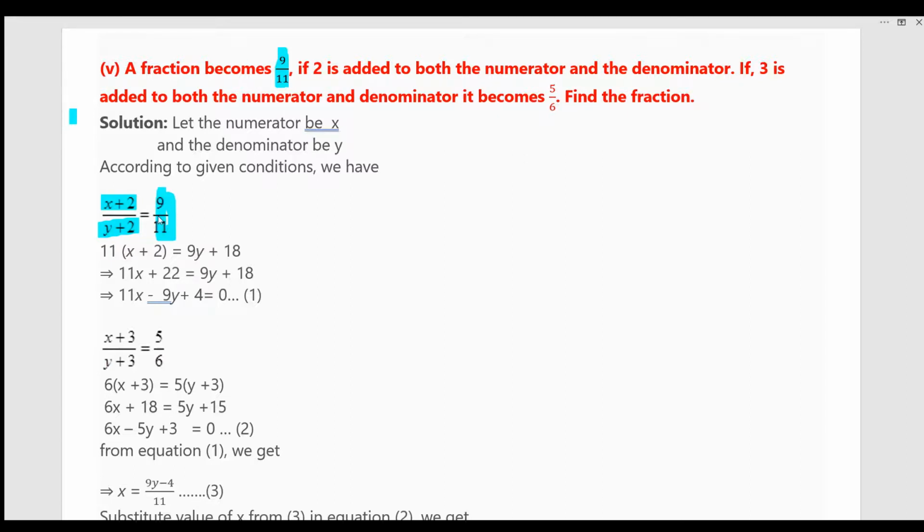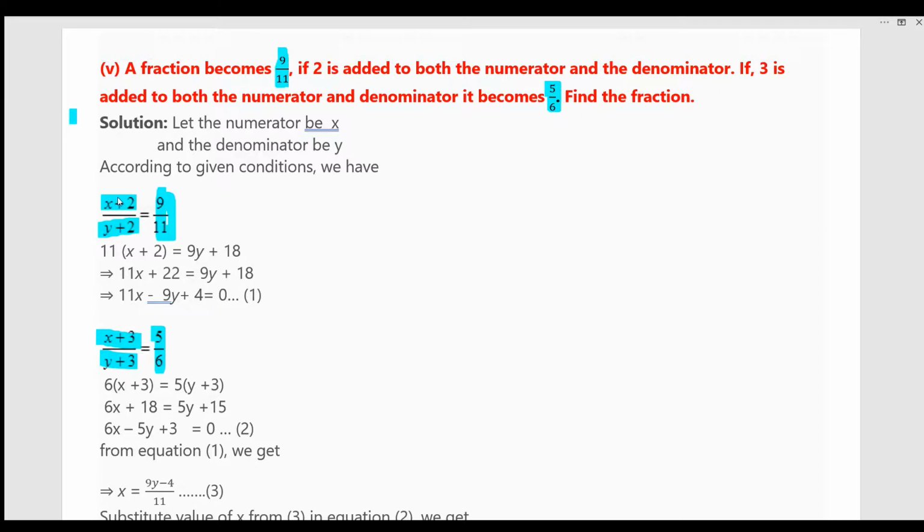So from here I will get my first equation. In the same manner, condition 2 is if 3 is added to both numerator and the denominator, it becomes 5 upon 6. So if I am adding 3 to the numerator and 3 to the denominator, my fraction will be 5 upon 6. From here I will get my second equation.